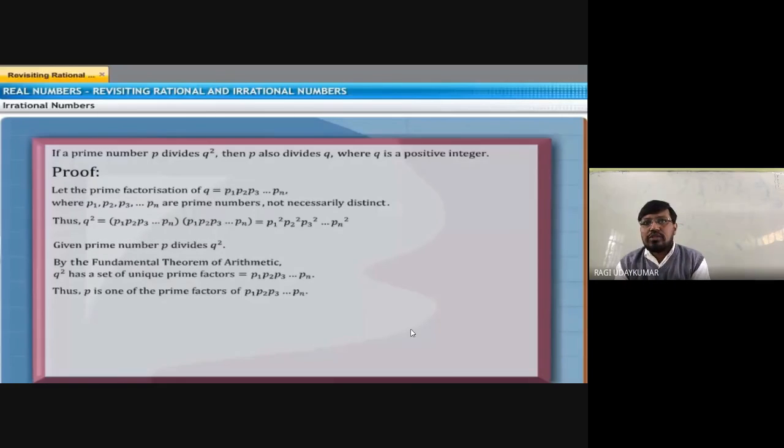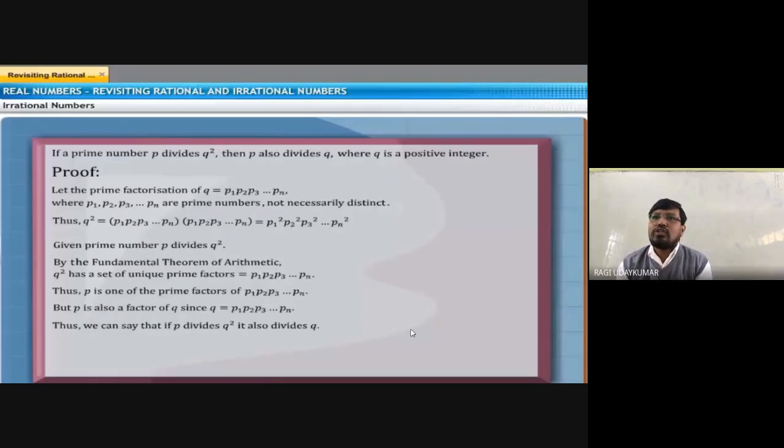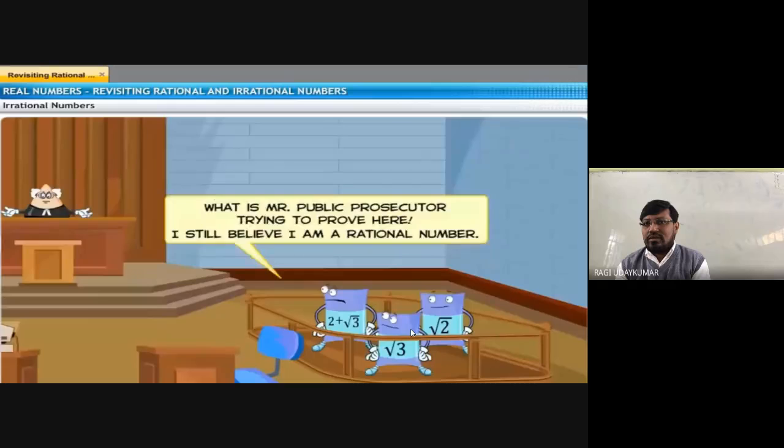So what does the theorem say? Q is a number, and its prime factorization is given to you. And q square also has the prime factorization p1 square, p2 square and so on, pn square. Given that prime number p divides q square, by the fundamental theorem of arithmetic, q square has a set of unique factors. Let me explain once again.